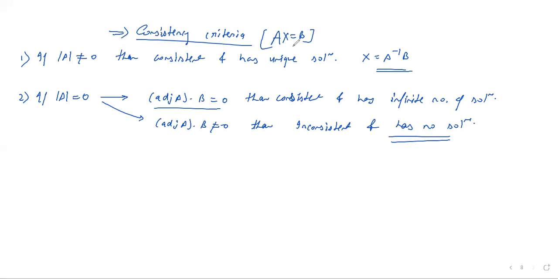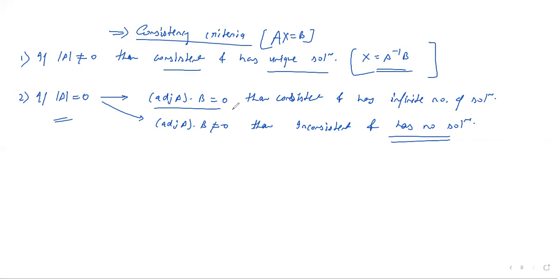So if the matrix A is invertible, that means determinant of A is not equal to 0, then it is consistent and has a unique solution, and we can find it by x equals A inverse B. If determinant of A is equal to 0, the matrix A is not invertible, then we check whether the adjoint of A times B is equal to 0.